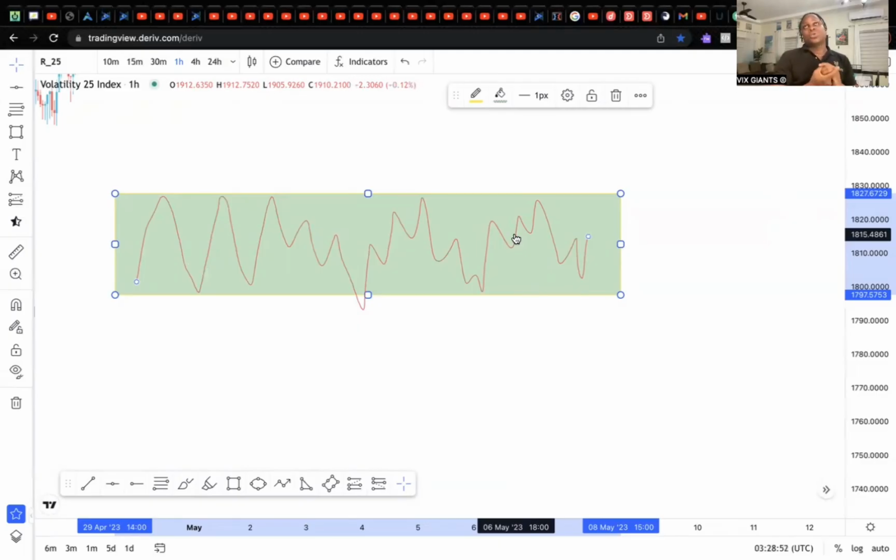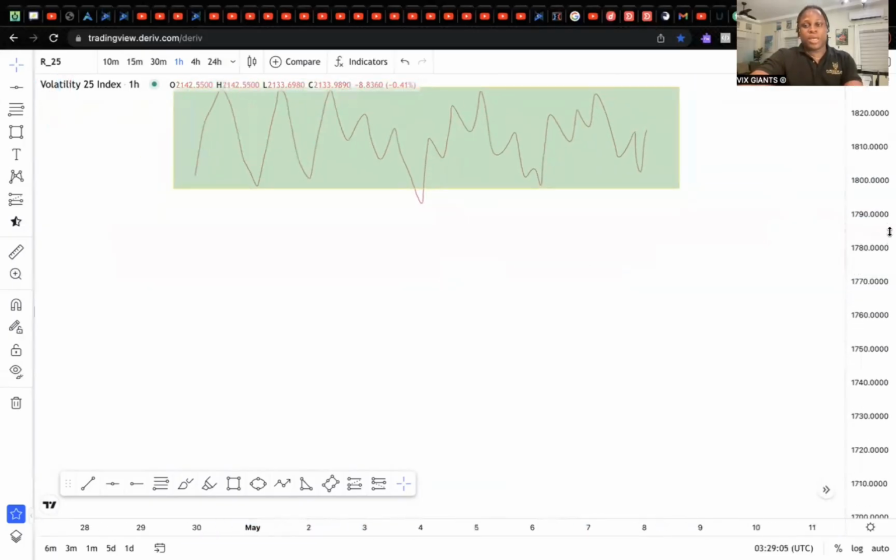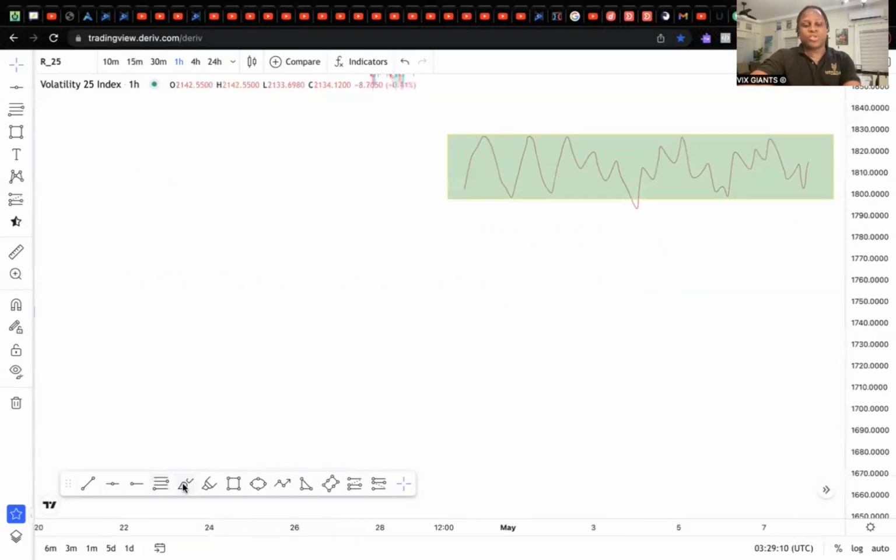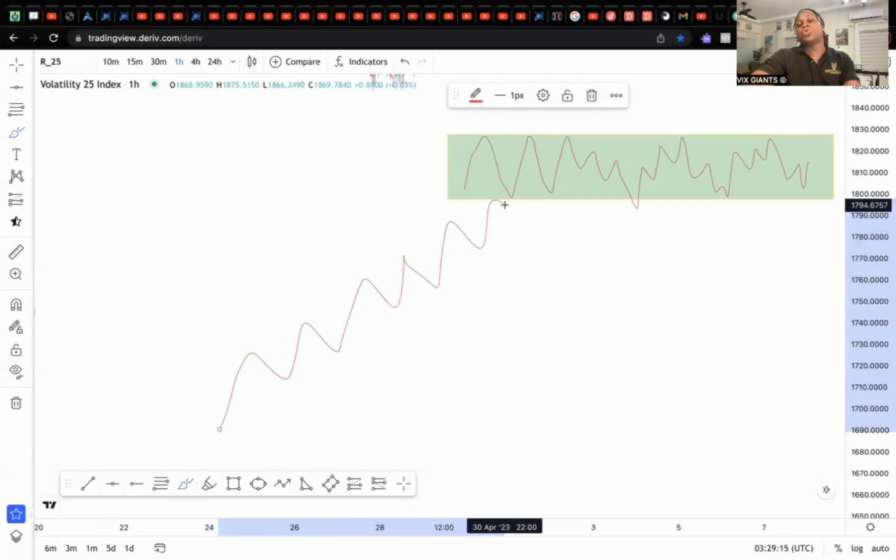So the usual case for why we encounter a sideways market: let's say we're moving in an uptrend. The market will go through what we call a breaking play, or the market pretty much grinds to a halt where we're not moving in a definite trend.